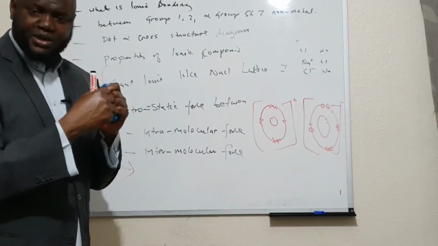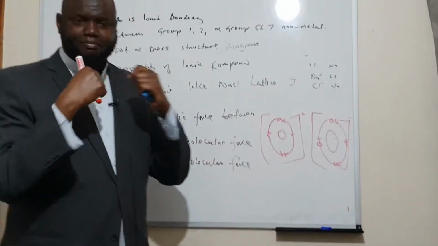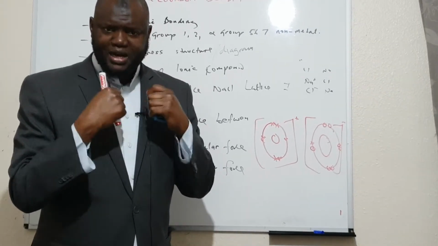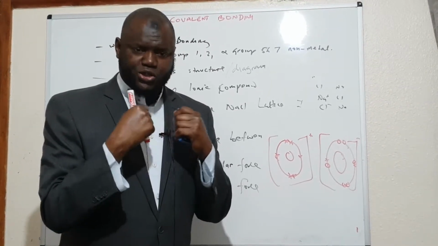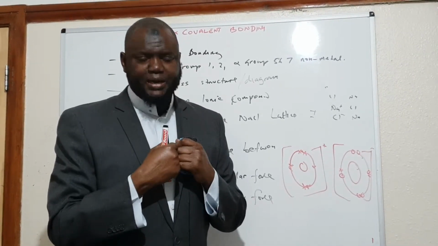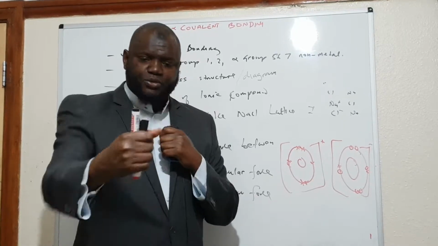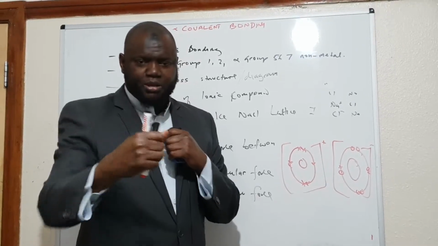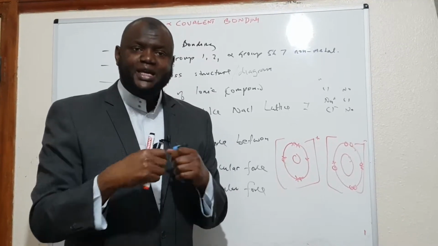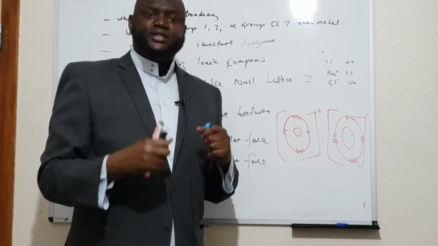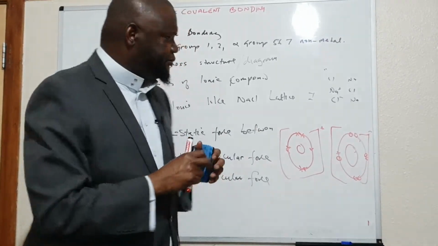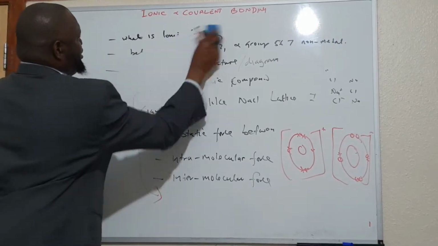The forces between the negative and the positive, the forces that bind them together, are called intramolecular forces, because sodium and chlorine combine together to form a sodium chloride molecule. Between molecules of sodium chloride, the attraction is also very, very strong. It's called intermolecular forces. That is why they have very, very high boiling point. You need a lot of energy to break those bonds. Okay, you got that. Now let's go on.